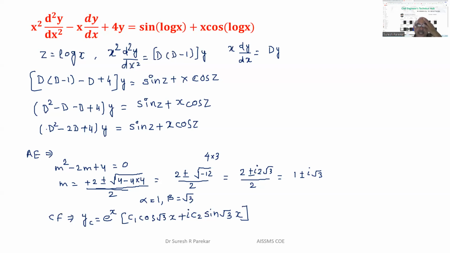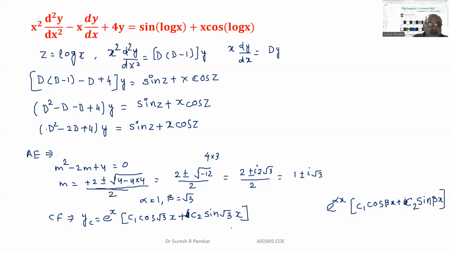For these roots we have e raised to alpha x in bracket c1 cos beta x plus c2 sine beta x. So i is not there. So we have c1 cos root 3x plus c2 sine root 3x. So we have to write in this fashion, that is c1 and c2.